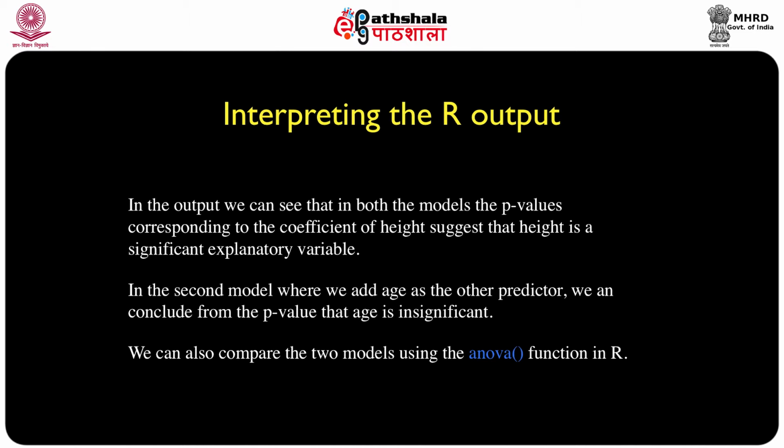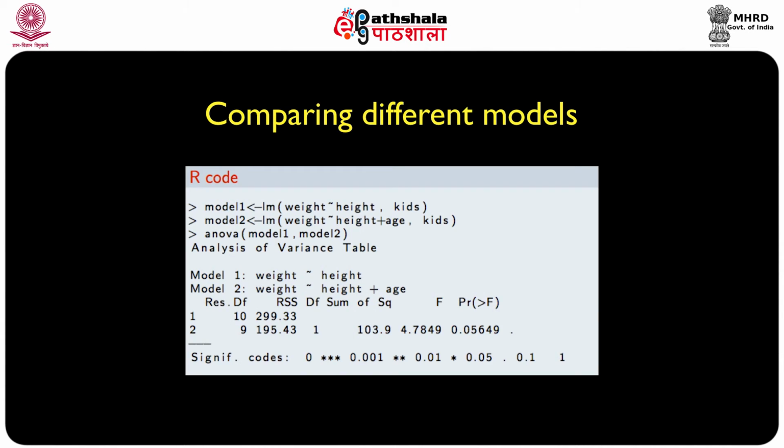We can also compare the two models using ANOVA function in R. In order to do that, we first fit the two regression models. First, where there is only one predictor variable, height, and second, where height and age are both used as predictor variables.